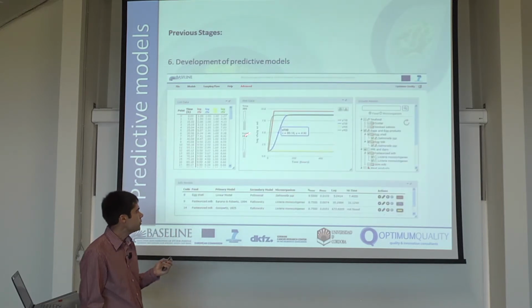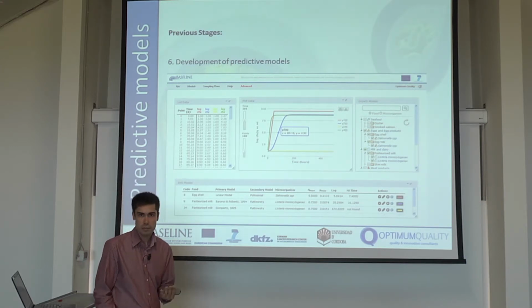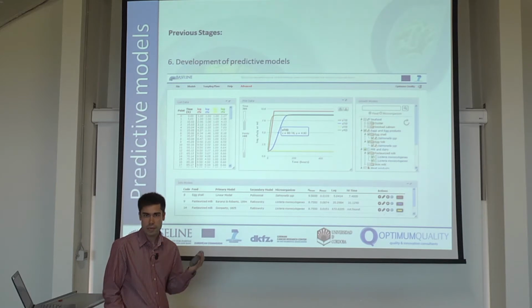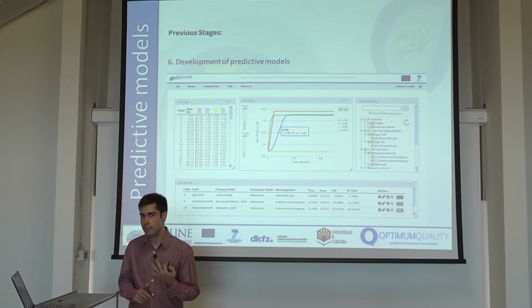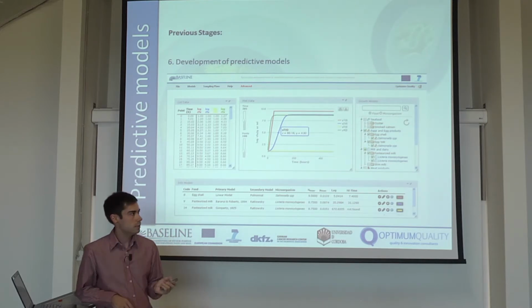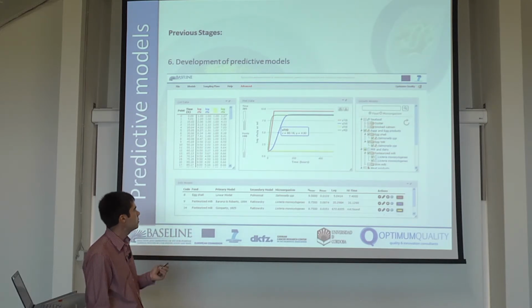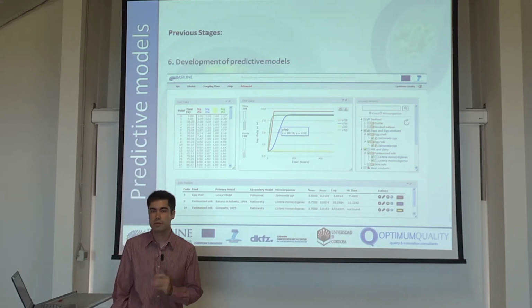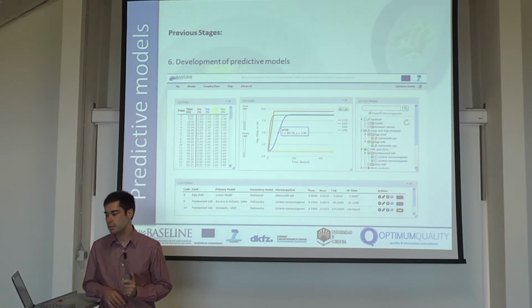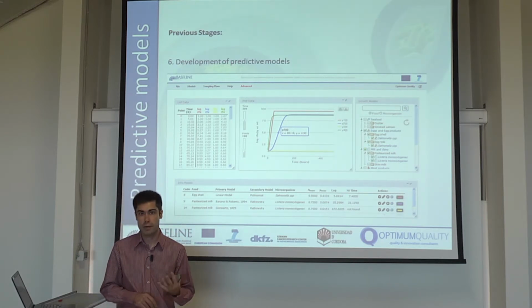This is an illustration where you can find some predictive models. In this case, the software allows a multiple comparison. Up to 5 models can be compared in the software, and I will describe briefly these windows. On the left side, there are the raw data that can be exported to Microsoft Excel or to another file for further use.